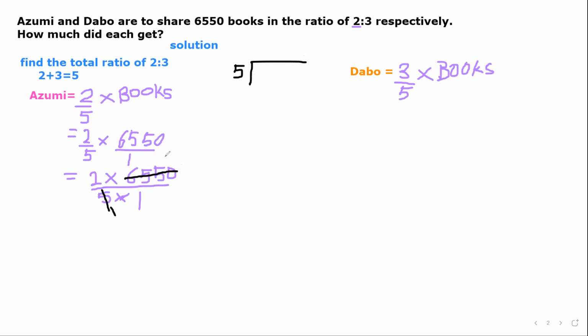We want to divide 6,550 by 5 here. So here is 6, 5, 5, 0. Okay, I'm going to share this one.